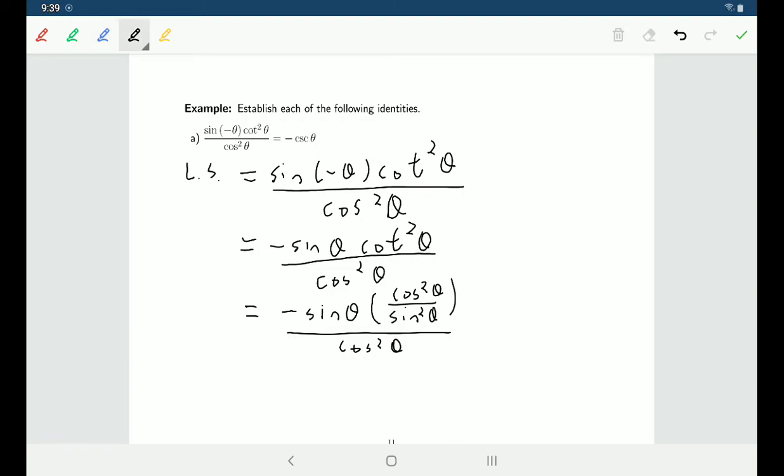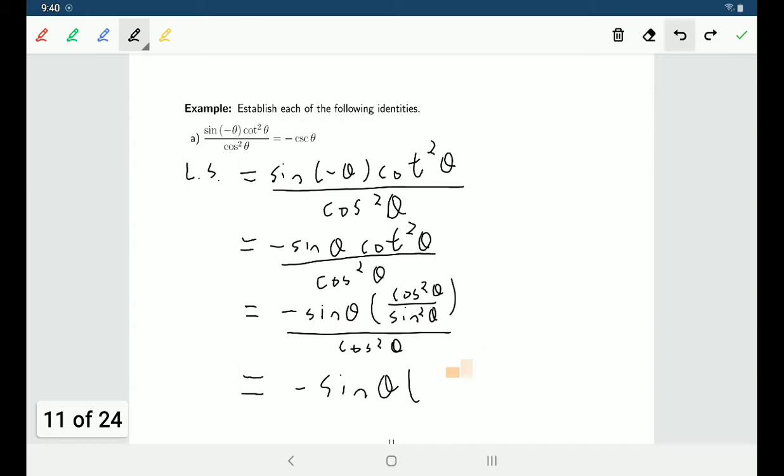And my plan here is that I've got the numerator divided by cosine squared, which is the same thing as the numerator divided by cosine squared over 1, which I'll flip and multiply. So in other words, I will have the numerator multiplied by 1 over cosine squared. So we'll have that this is now negative sine of theta times cosine squared theta over sine squared theta.